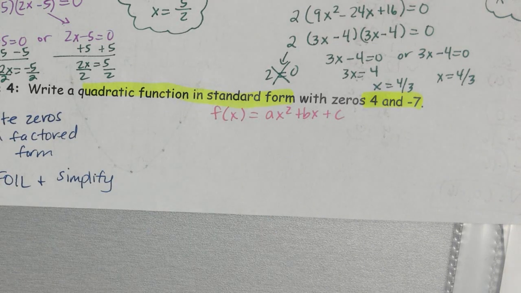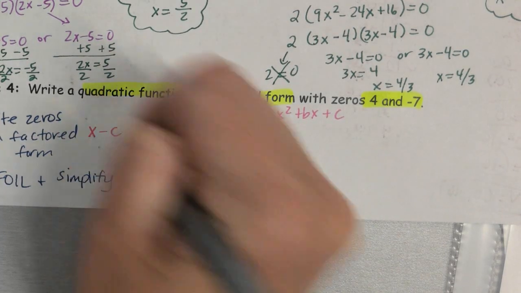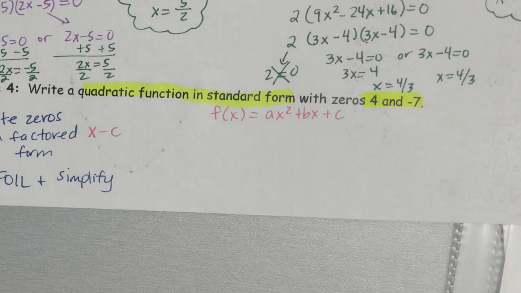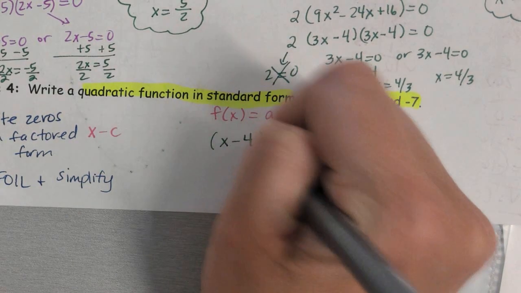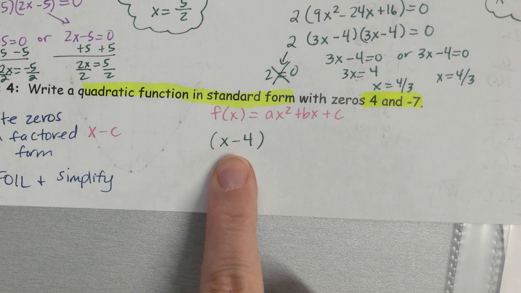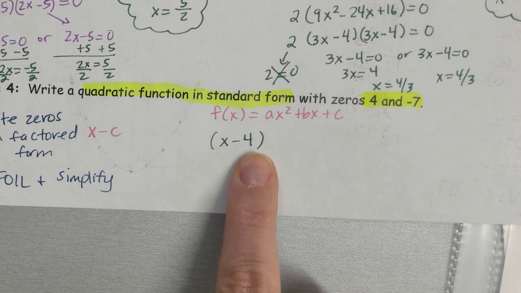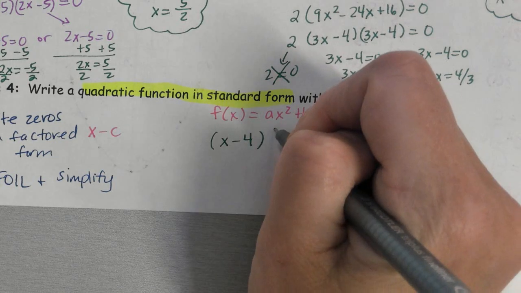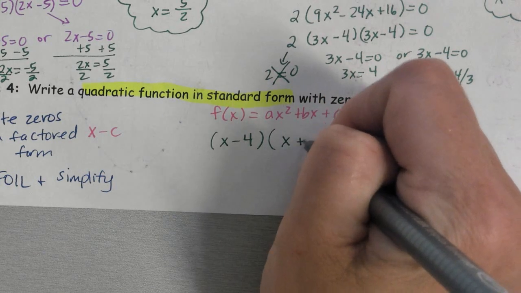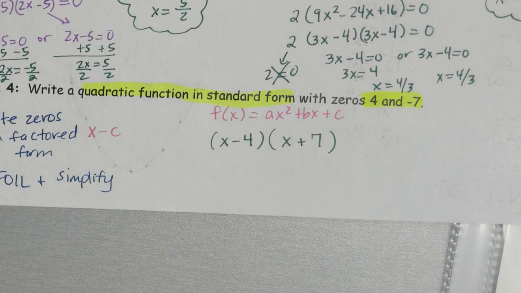So if you write these in factored form, you can use x minus c as the form. So if you have 4, your factor would be x minus 4. Because if I were to set x minus 4 equal to 0, then x would equal 4. So if it's negative 7, what's x minus negative 7? Plus 7.